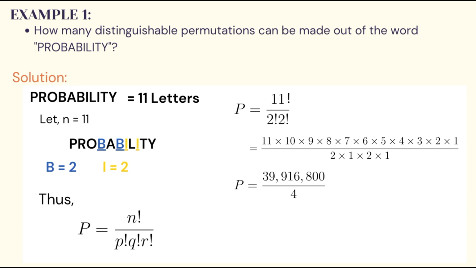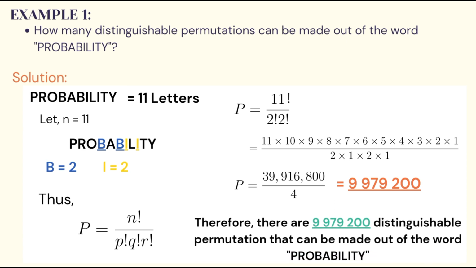Simplify. 39,916,800 divided by 4 is equal to 9,979,200. Therefore, there are 9,979,200 distinguishable permutations that can be made out of the word probability.